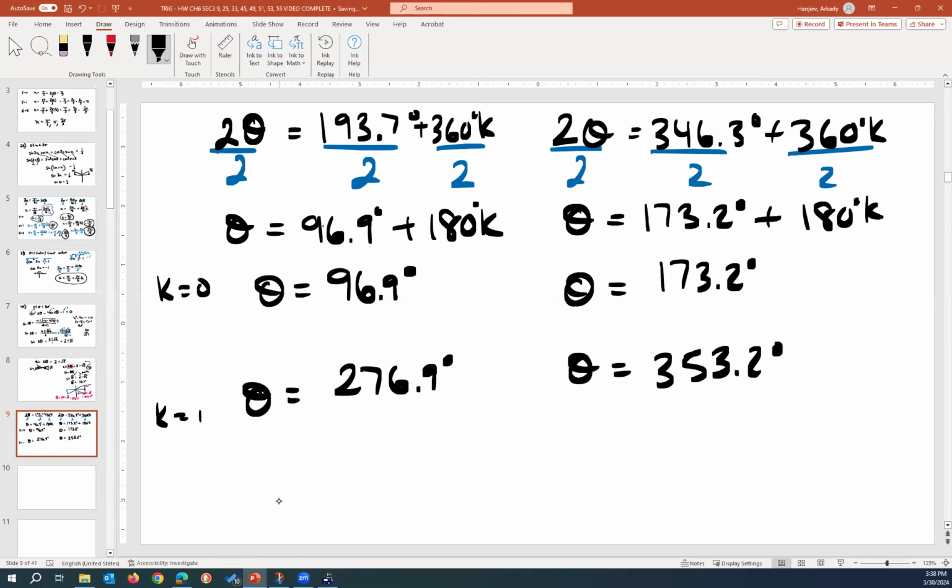Okay, now I'm going to check with Bob, the back of the book. Let me see what we got here. And oh yeah, we're off by 1/10 over here. It should be 96.8. That's fine, that's okay. This was correct. And for this one, Bob says 276.8, and that's fine too if you're off just by a little bit. Cool. So I got all the answers: 1, 2, 3, 4. There it is.